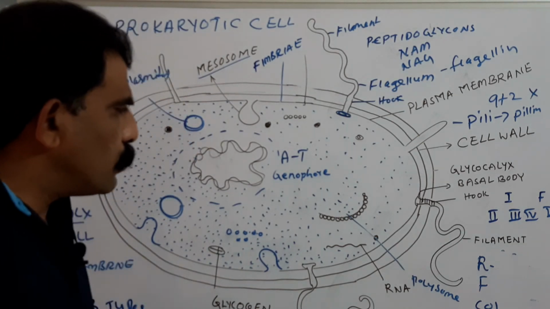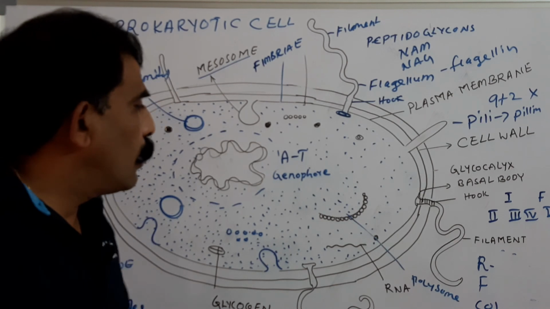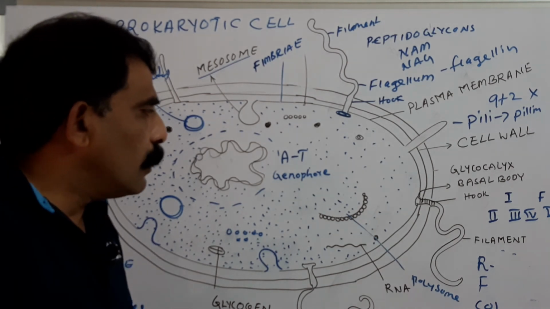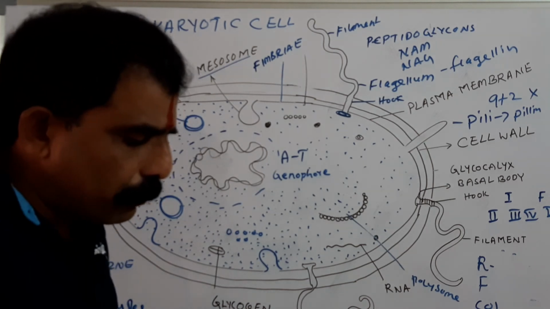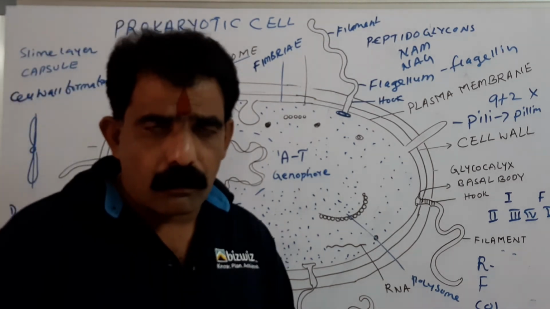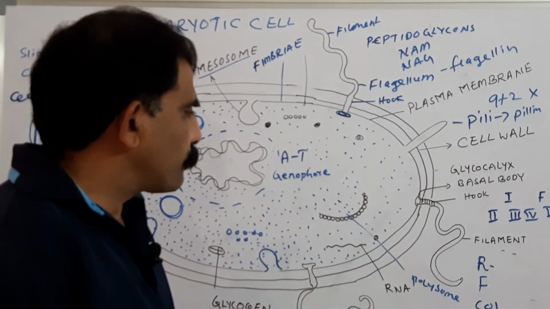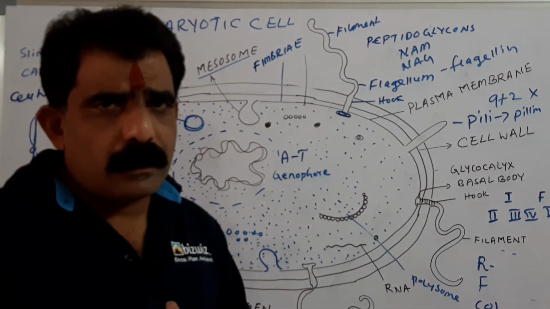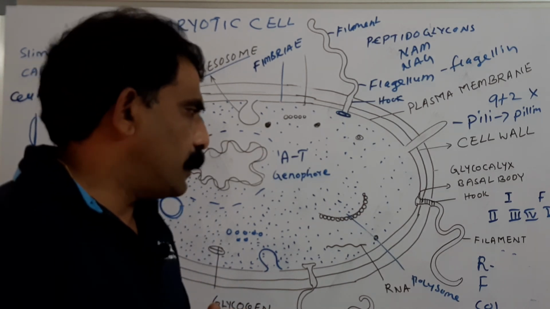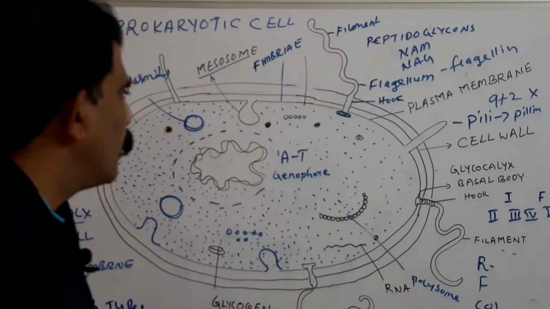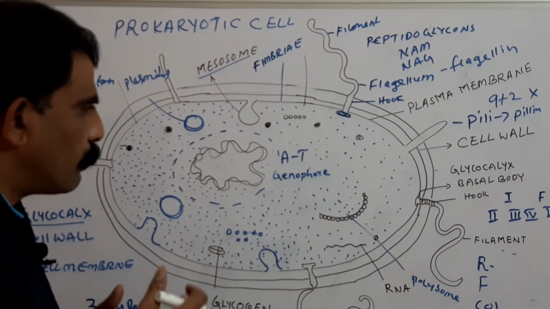Gas vacuoles in photosynthetic bacteria have a membrane, but not a unit membrane, and polybeta hydroxybutyrate also comes under inclusion bodies. Inclusion bodies are in general not surrounded by any membrane. Like this, a prokaryotic cell exhibits this type of organization.